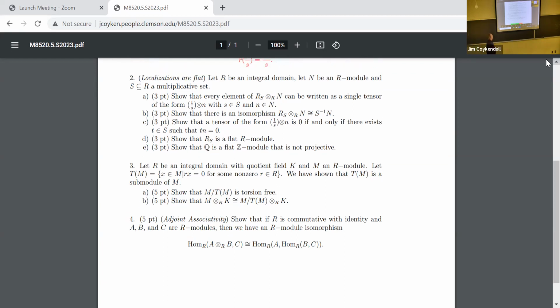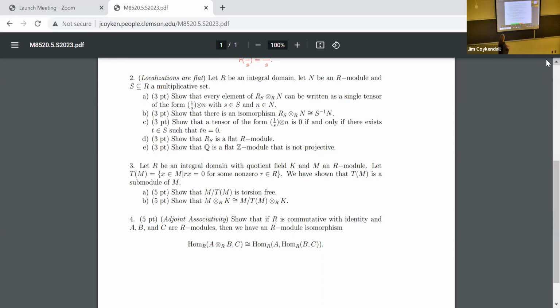So if R is an integral domain, N an R module, and S a multiplicative set as above, show that every element of R localized at S, tensored over R with the module N, can be written as a single tensor of the form 1 over S tensor N, where S is in S and N is in N. So when you tensor a localization with your module, you can write things in this very special form.